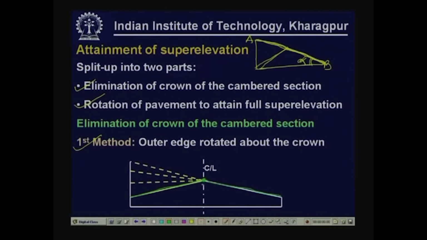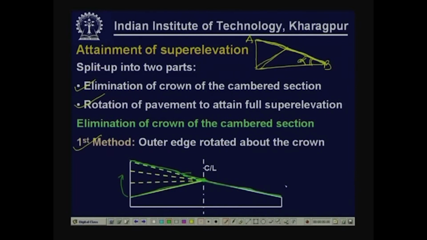So, we are actually rotating the outer edge of the pavement gradually over a length of road, and the outer edge is rotated like this. This yellow line shows the position at different lengths, and finally we get a slope which is equal to the slope of the inner edge.